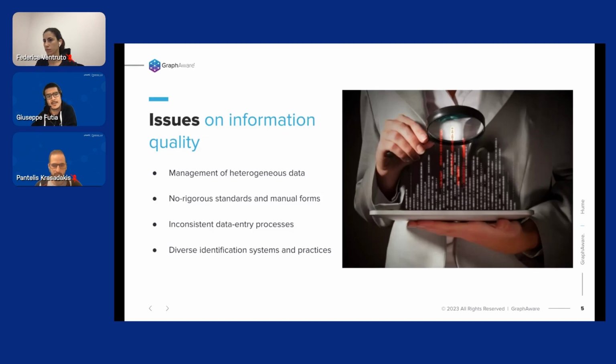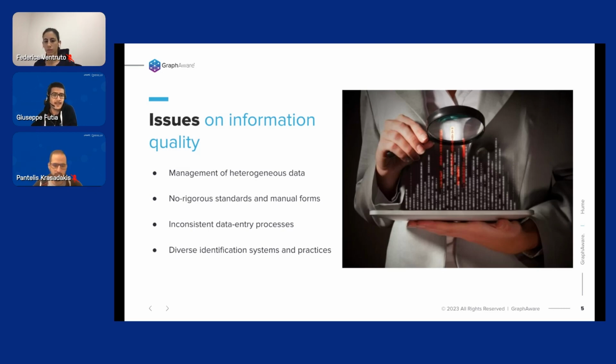Reaching this goal is not an easy task because we have to address some issues that are related to the quality of information. As we already mentioned, we have to manage data coming from heterogeneous sources. Sometimes we have to consider cases where no rigorous standards and manual forms are adopted for collecting information.